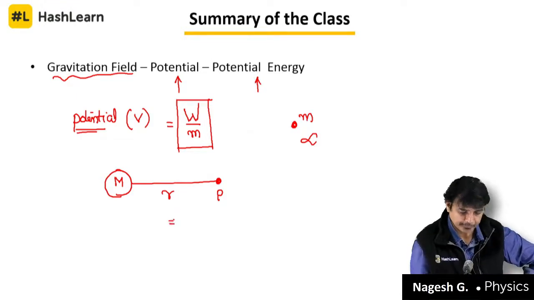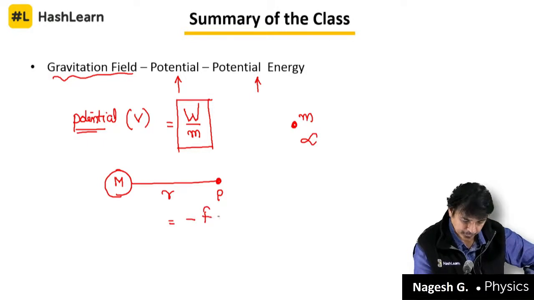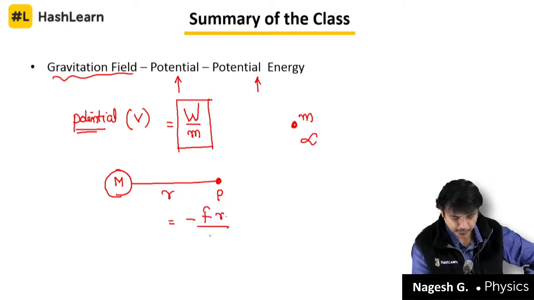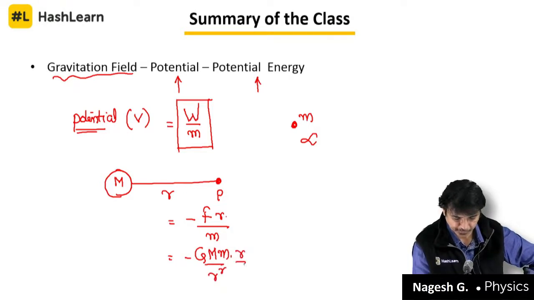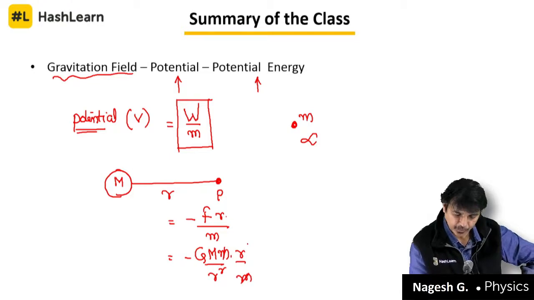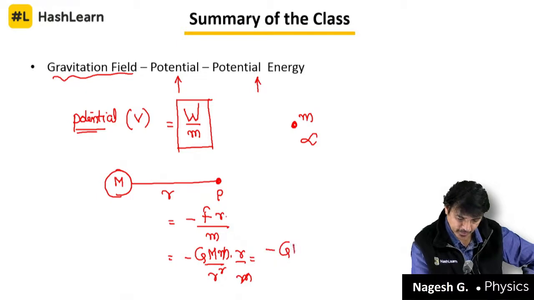That is nothing but minus F into displacement R by M. That is minus G M by R square into R by M. M gets cancelled. So potential at that point is given by minus Gm by R.